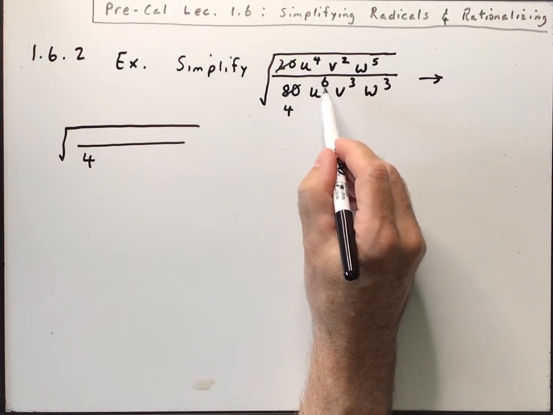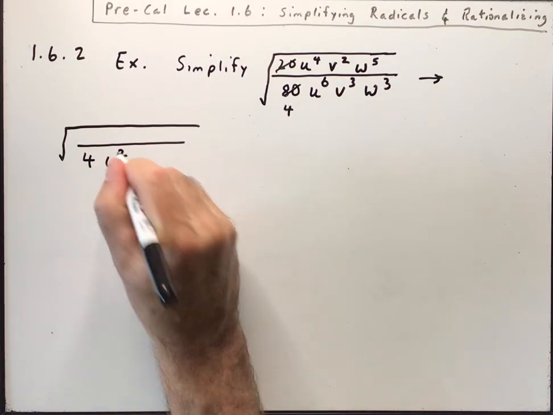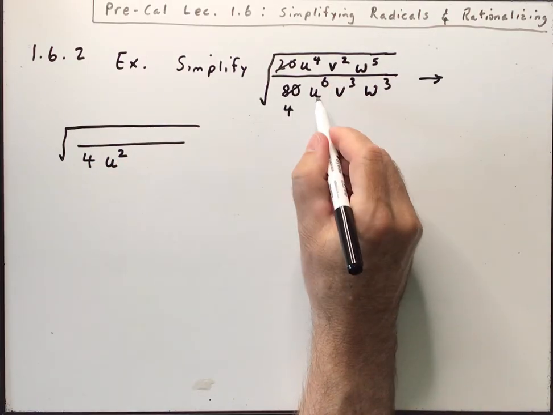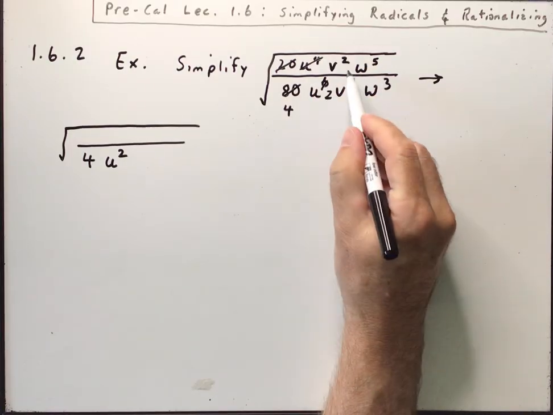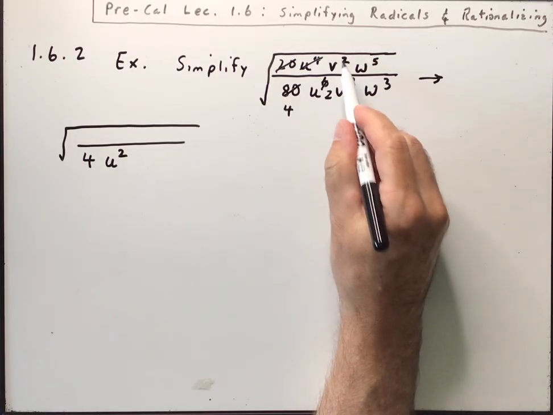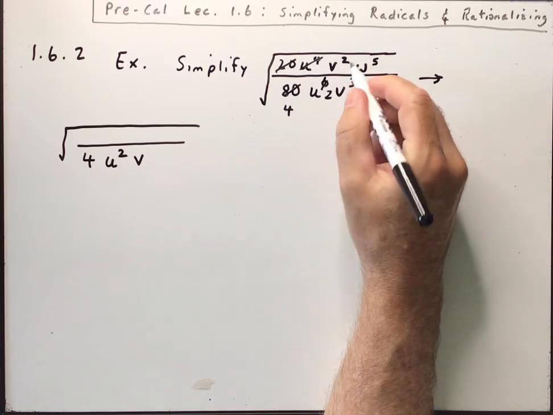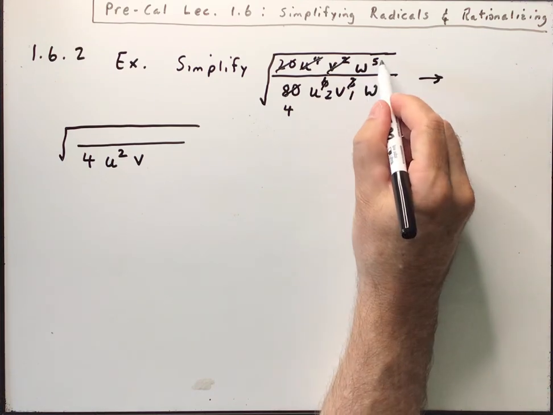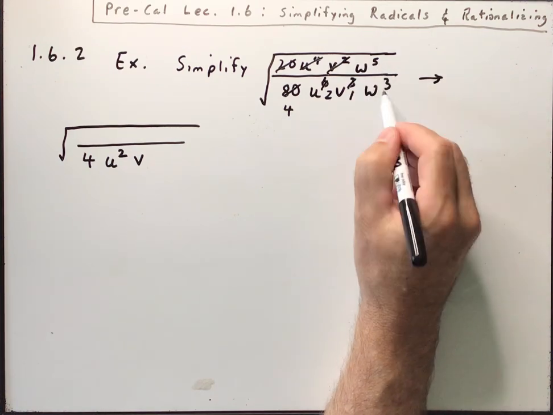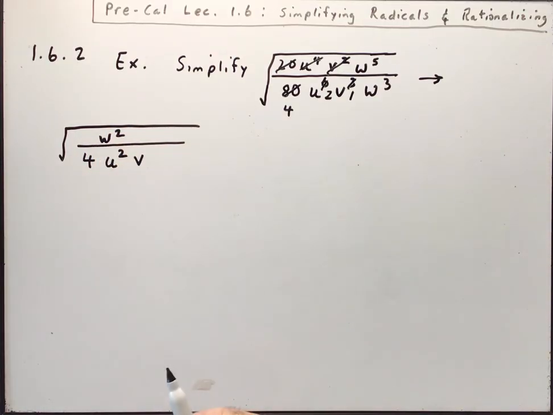Well, the bottom wins, so what's left is u squared on the bottom, right? 6 minus 4 is 2, so that goes to 2. All right, v cubed over v squared, the bottom wins by 1, so it's just going to be v. All right, so that would cancel out, and we're down to 1. And then w to the 5th over w to the 3rd, 5 minus 3 is 2, so you're left with w squared on top.